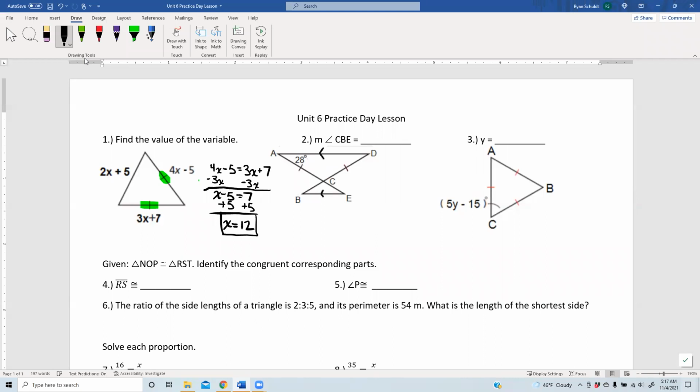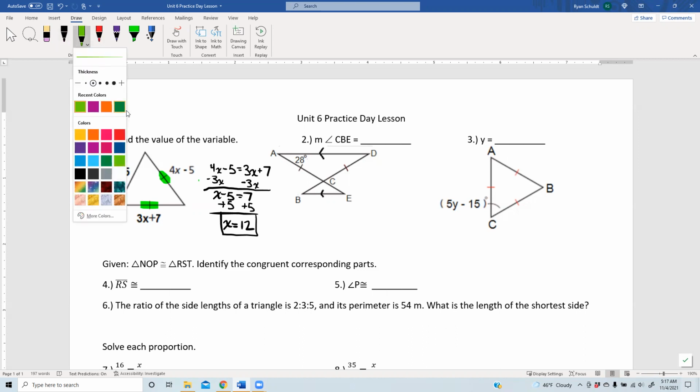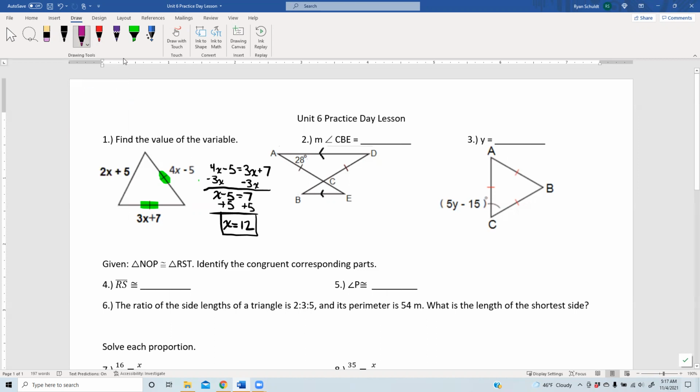Number 2. They ask us to find the measure of angle CBE. Okay, so where is CBE? Well, B is where it turns.